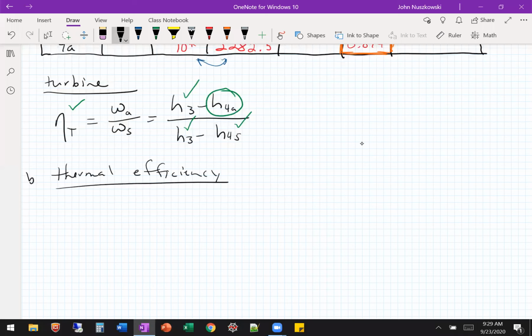All right. And the thermal efficiency is the same because it's a heat engine, right?